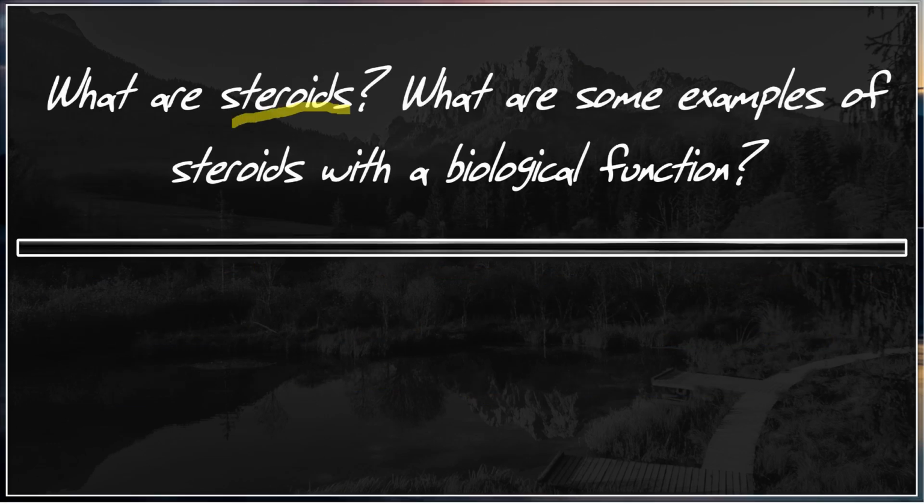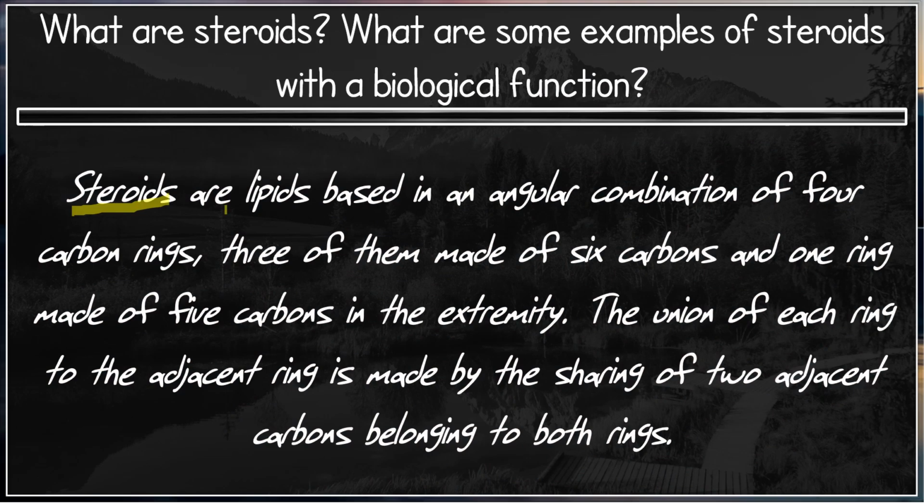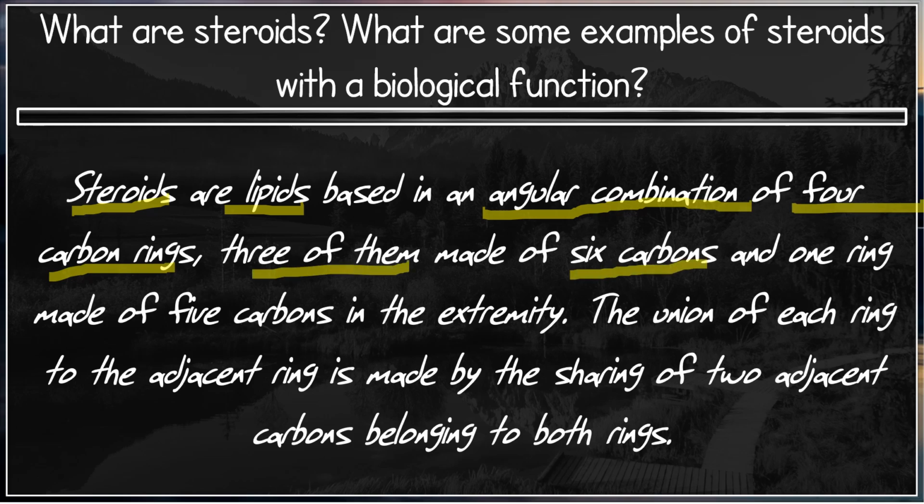What are steroids? What are some examples of steroids with a biological function? Steroids are lipids based on an angular combination of 4 carbon rings. 3 of them are made of 6 carbons, and 1 ring is made of 5 carbons in the extremity.